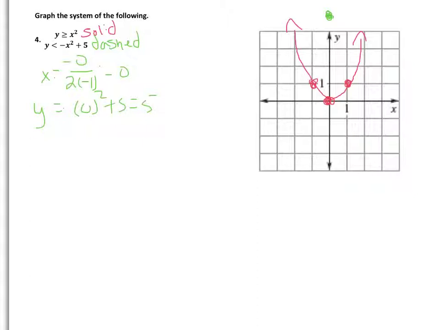If you plug in -1, you get -1 plus 5 is 4, so -1 was 4, so +1 will also be 4. So that one we have to make dashed, because it was a dashed line, not a solid line.